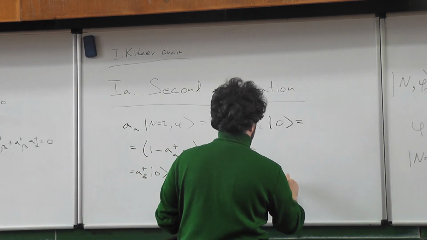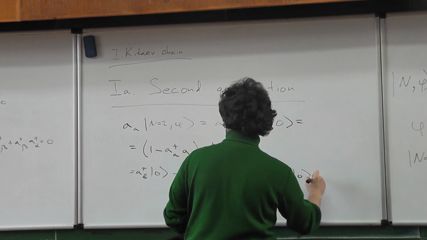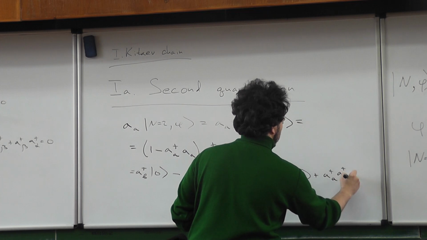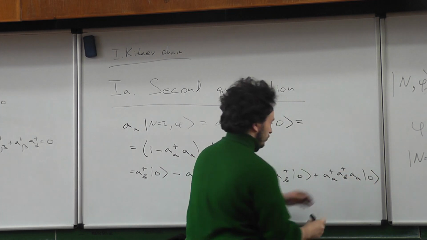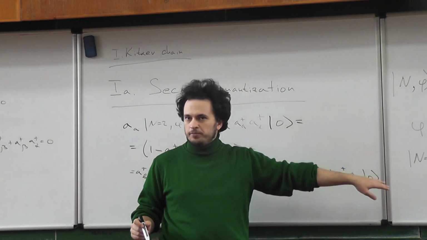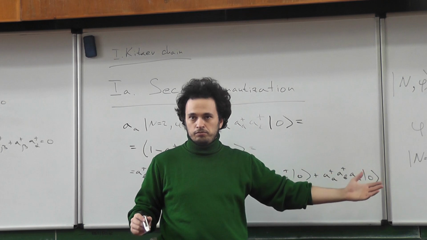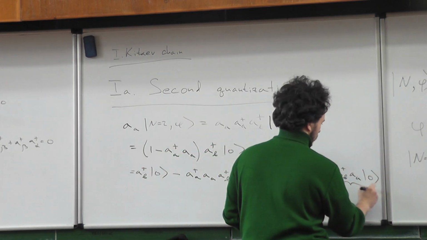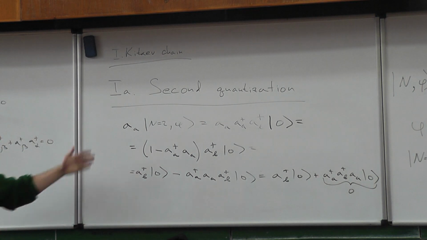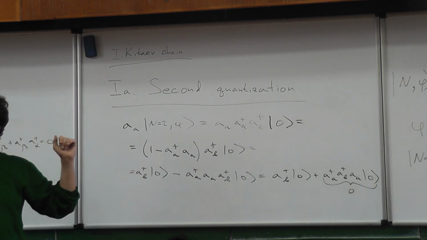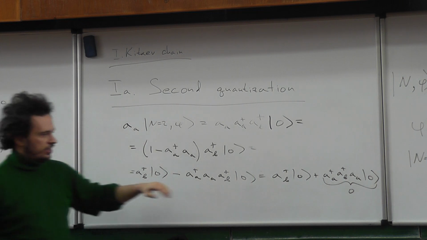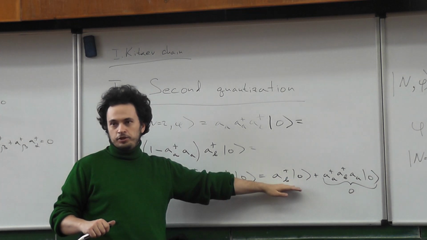So this is equal to A_B dagger times 0 plus A_A dagger A_B dagger A_A times vacuum. And as we said before, if I remove an electron from vacuum, the state is annihilated. There is nothing to remove. So this is equal to 0. Totally makes sense. I had a state with two electrons. I removed one of them at position A. I get a state with one electron at position B.